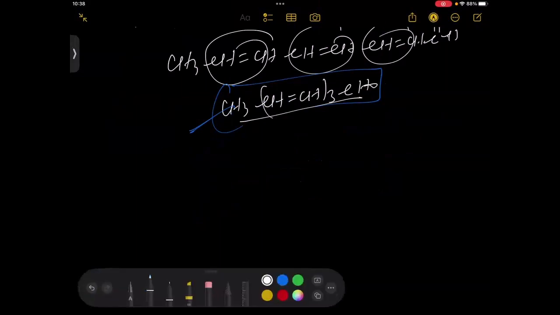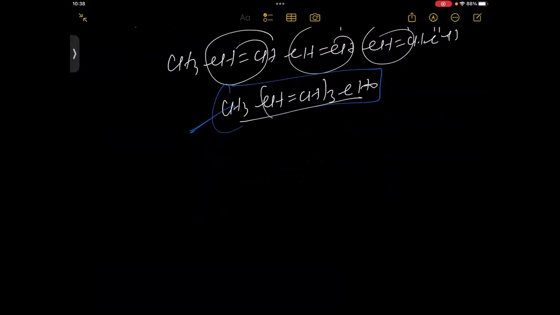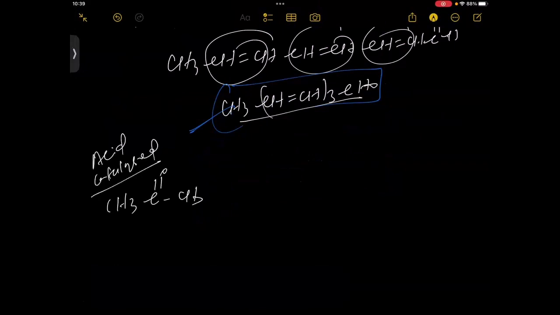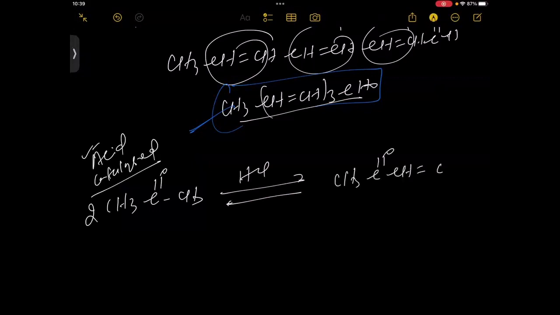Suppose you have CH3, C double bond O, CH3, with acid catalysis. We have taken 2 moles and HCl, and the whole process will be with 2 moles. So you will get CH3, C double bond O, CH double bond C, CH3, CH3.